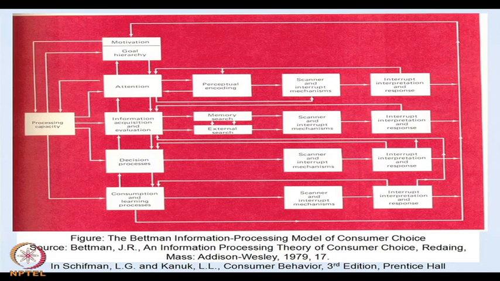They look for information which is more relevant to their need and easier to understand and comprehend. So, here the marketer has to understand the processing capacity of his people and provide information which is more relevant and easier for them to understand.